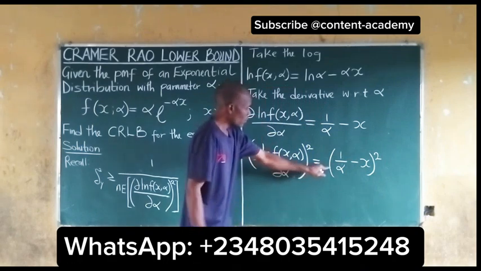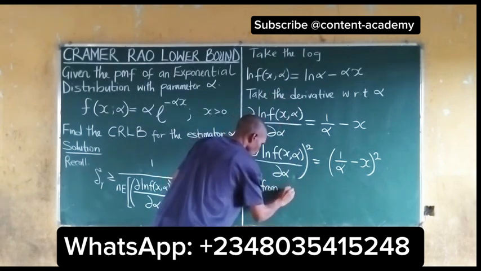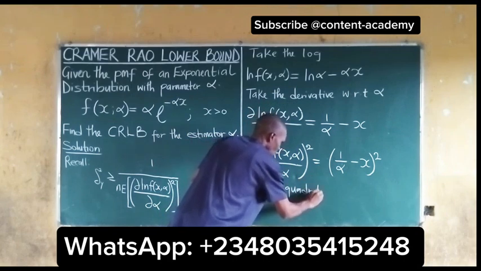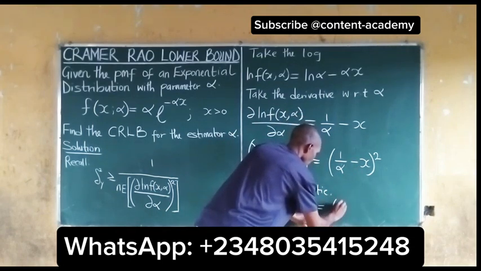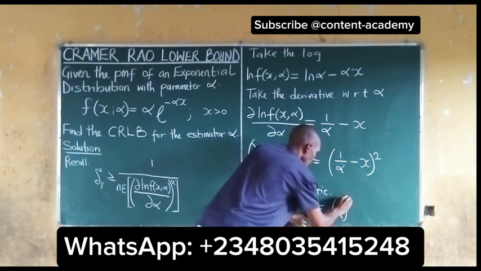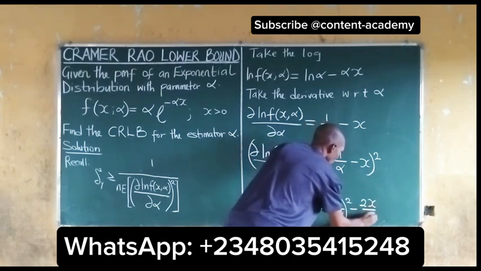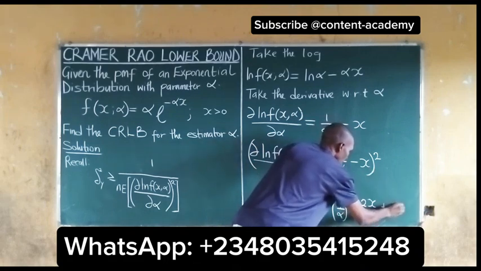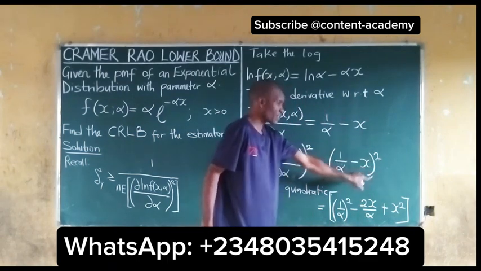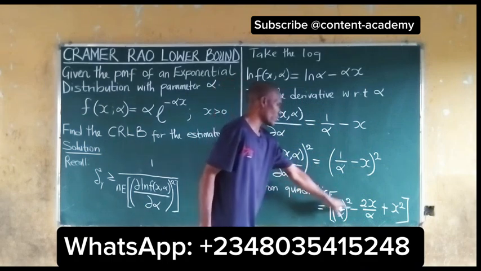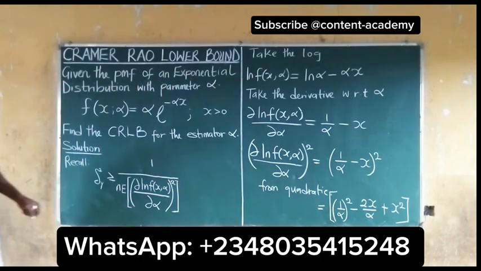Of course we know from quadratic equation, you can expand this. You get 1 all over alpha squared minus 2x all over alpha plus x squared. So this is what you get if we expand this. The next thing to do is to rearrange this, to write it out properly. So we move over to this other side of the board.